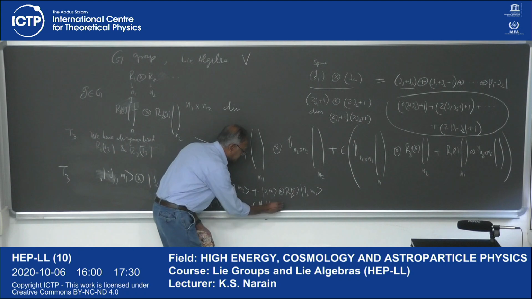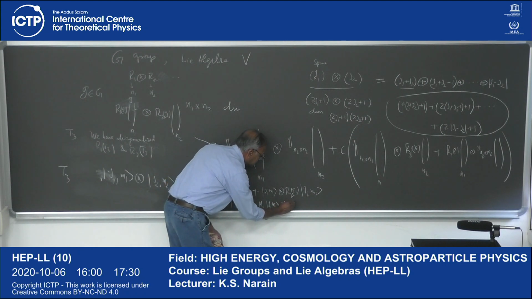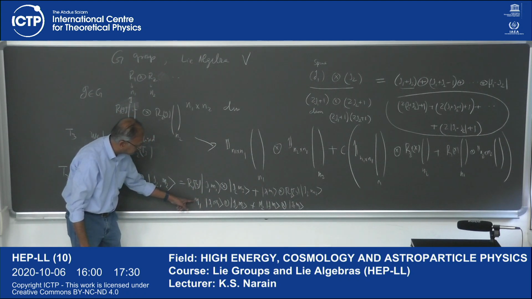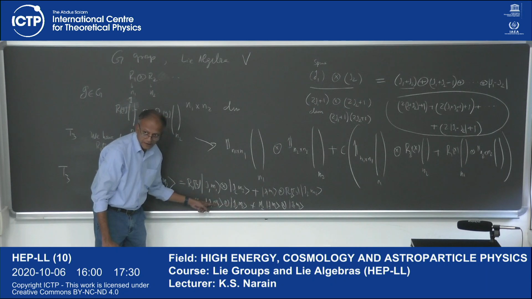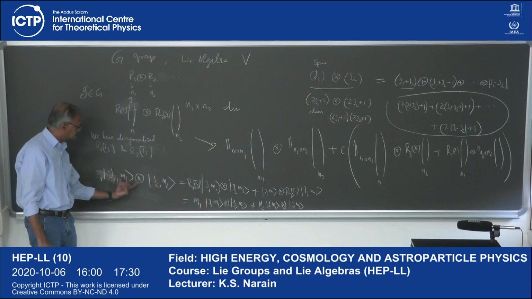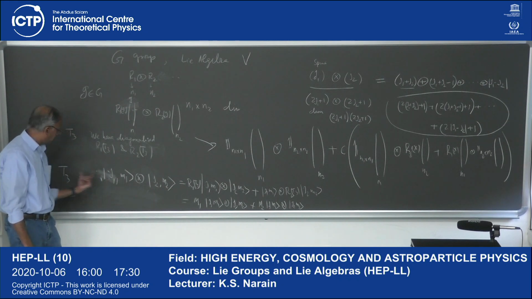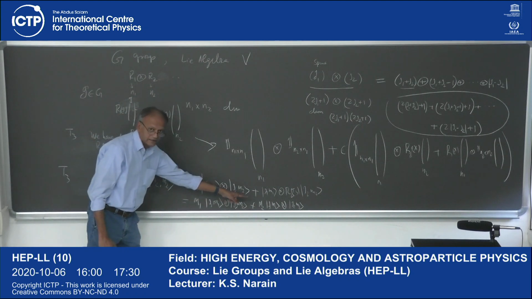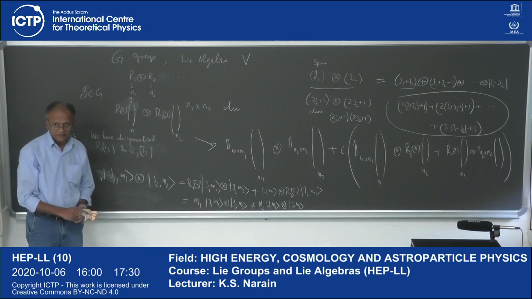So it's M2 times J2. So you see that the total thing becomes M1 plus M2 times this state, which was the original state on which it was acting. So again, this state is an eigenstate of T3, but with an eigenvalue which is the sum of the two eigenvalues.